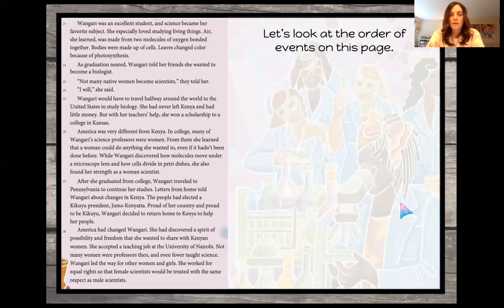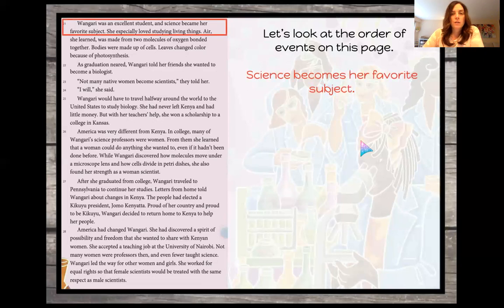So again, on this page, they don't always use the transition words that we discussed, but we can look at the order of events in terms of the time and period in which they happened. So let's go back to the beginning. First, we learn that science becomes her favorite subject. And this is after she finished elementary school.